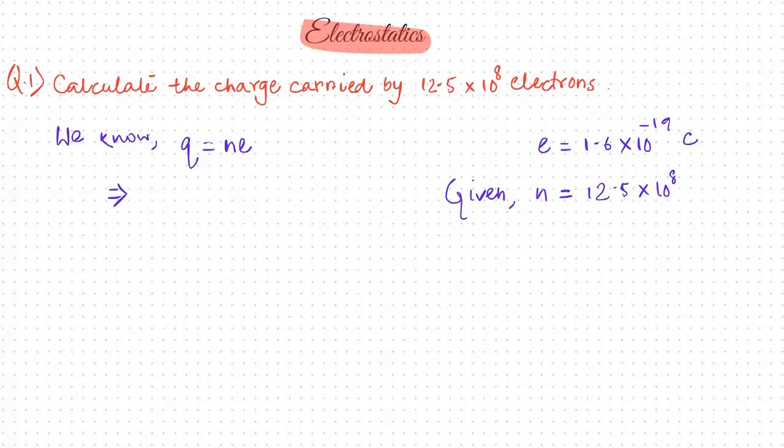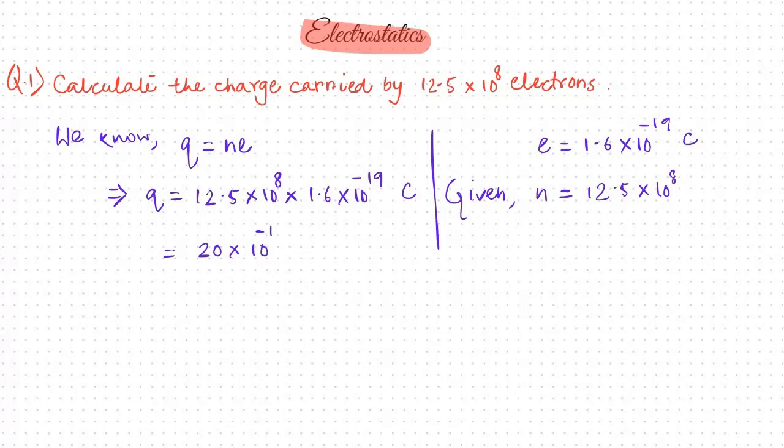Now from this equation, we can write Q is equal to N, which is 12.5 into 10 to the power 8, and E is 1.6 into 10 to the power minus 19 coulomb. So 12.5 into 1.6 will be 20 into 10 to the power minus 11 coulomb.